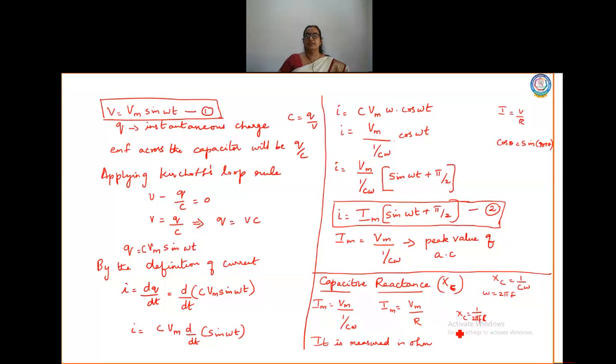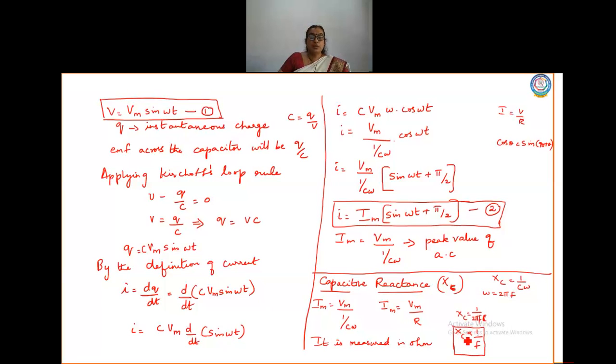So I can write that XC varies inversely with the frequency. The greater the frequency, the lesser the reactance. This is a very important conclusion as far as an AC circuit with a capacitor is concerned. Since frequency is in the denominator, it varies inversely as the frequency.